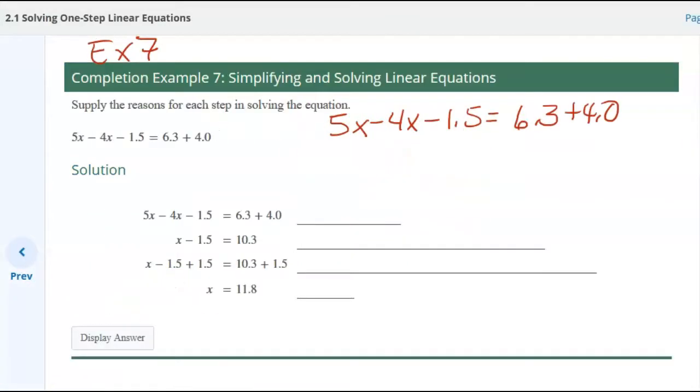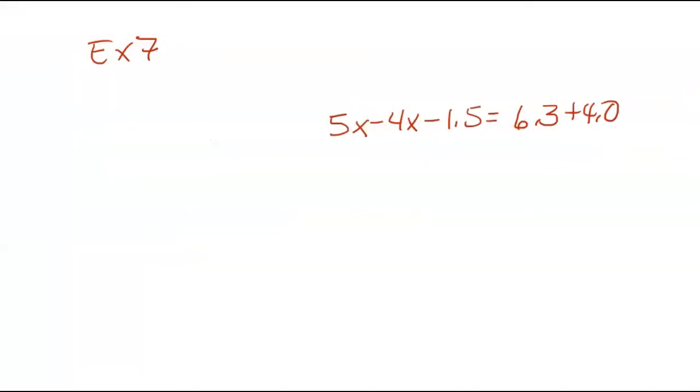Now, for example 7, they're mentioning that we are to simplify before we move on and then solve it. So we'll go to the whiteboard, and as we look at the equation, we say, what can we do to simplify? Well, we can combine like terms here. So this is going to be 1x left minus 1.5.